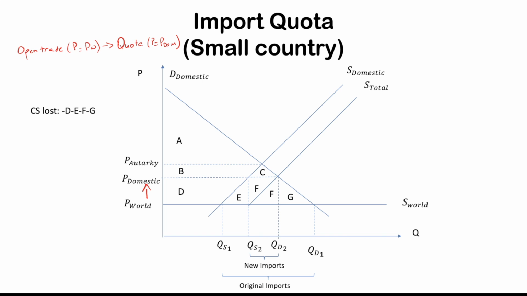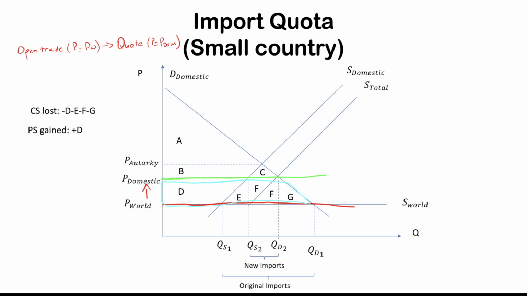What is the amount of everything that was lost? So P world, this was the price line. Domestic price, the new price after the quota, this is the price line. So the amount of consumer surplus lost is DEFG. So it's this area here.